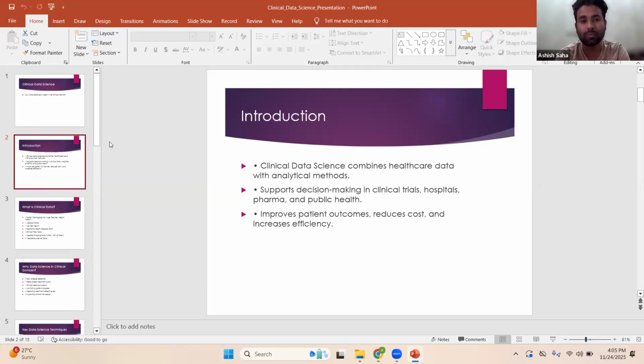I hope you have heard that these types of AI models are already present in our market, and AI is still growing in our medical domain. It needs some time, but obviously in the upcoming time most of the work will be done by AI. You have heard that AI is doing heart transplantation and all.